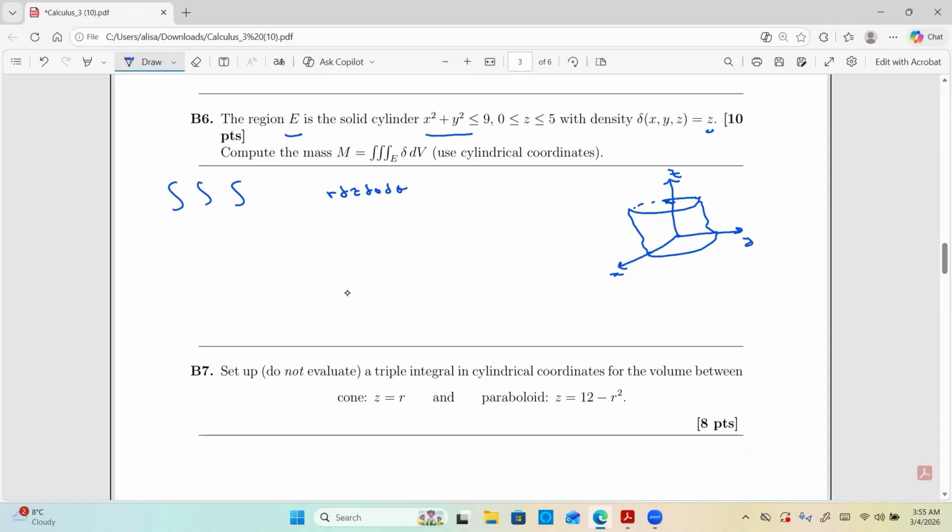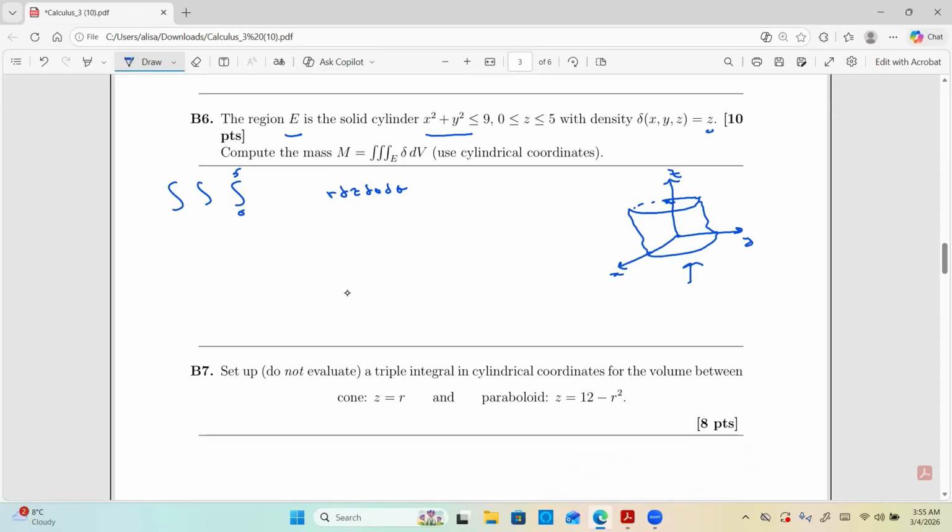And let's see where the z ranges. Here the inequalities do tell you where the z ranges, so you can literally just blindly write 0 to 5. But you could also visualize it like a ray parallel to the z-axis is going to enter at the xy plane and leave at the z equals 5 plane. So this is the first part.